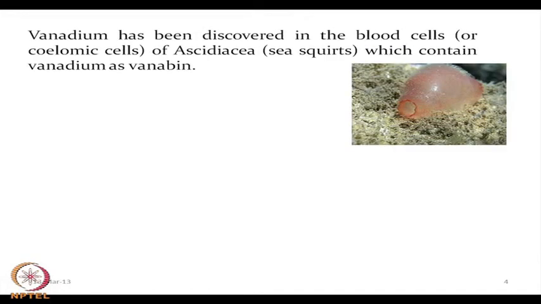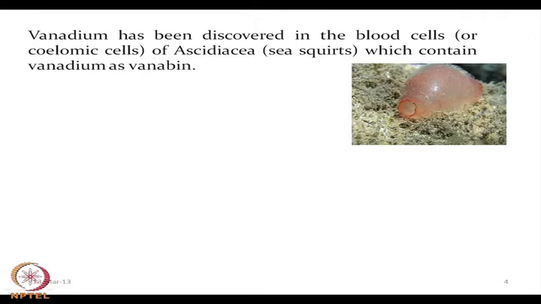This vanadium is also found in some other biological systems like the sea squirts and coelomic cells in the blood cells of these. So, the sea squirt Ascidia contains vanadium, but this time the molecule is stored as vanadin.